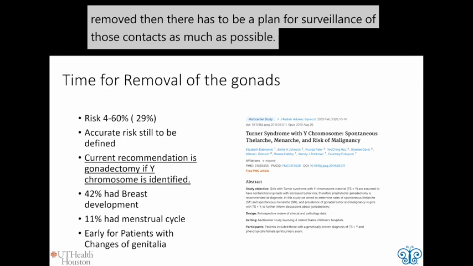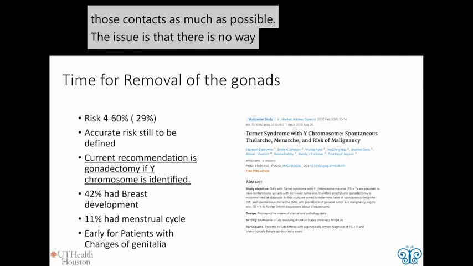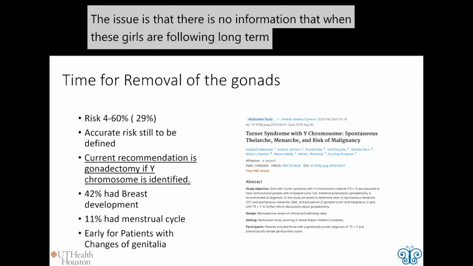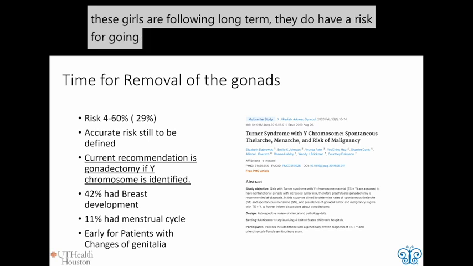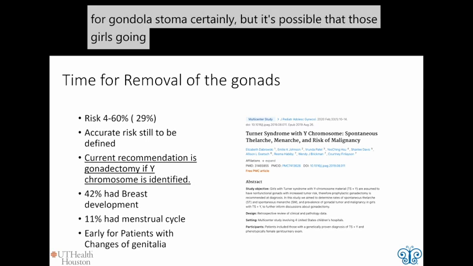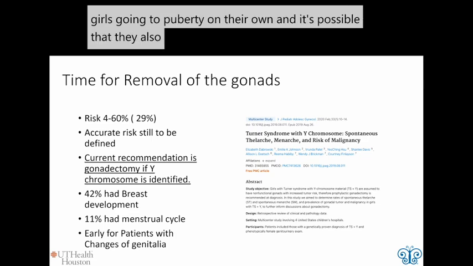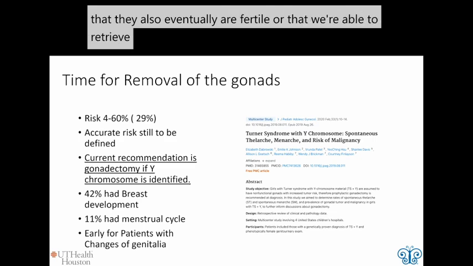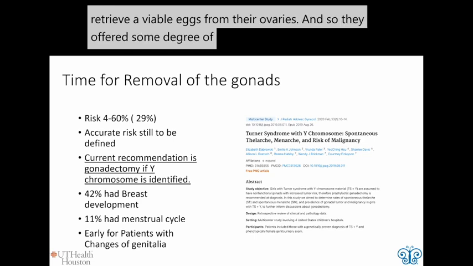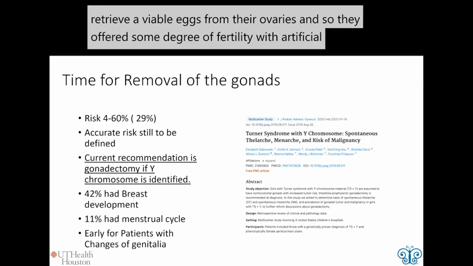The issue is that there is newer information that when these girls are followed long term, they do have a risk for gonadoblastoma, certainly, but it's possible that those girls go into puberty on their own, and it's possible that they also eventually are fertile, or that we're able to retrieve viable eggs from their ovaries, and so they offer some degree of fertility with artificial fertility at some point.